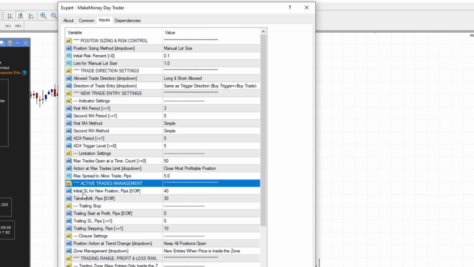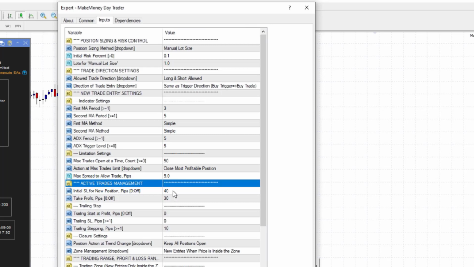So now the next really important settings are the initial stop and take profit settings. So there are the defaults in there. The CAD volatility is not that high all the time. So firstly you have to decide, do you want bigger stops than the targets, or bigger targets than stops?